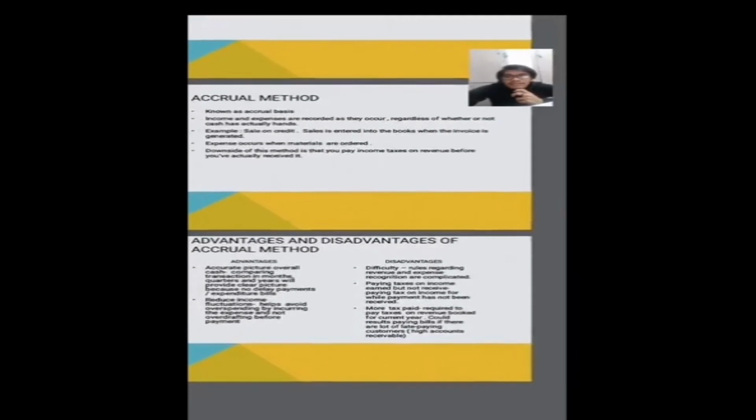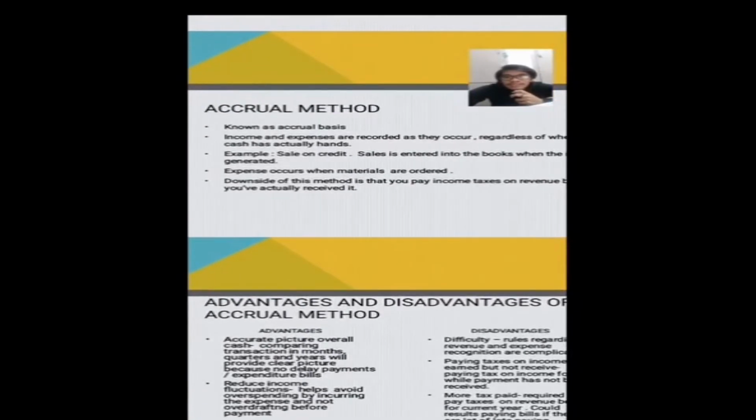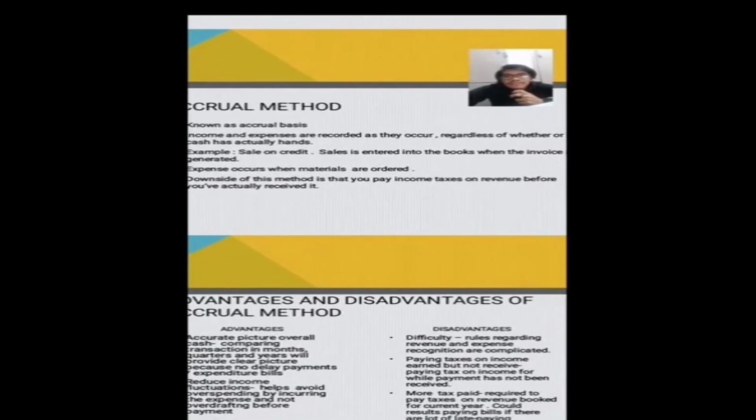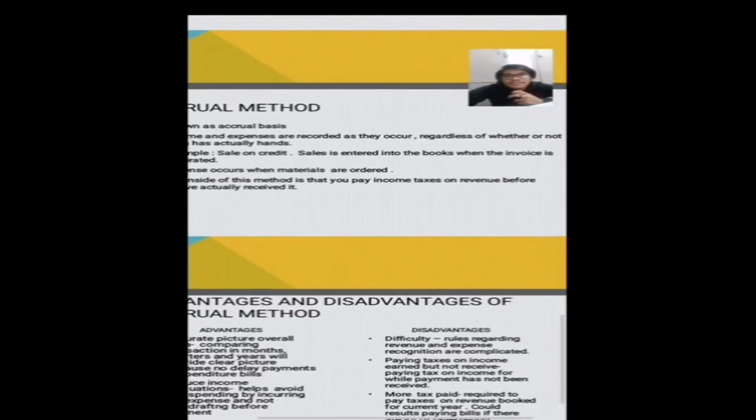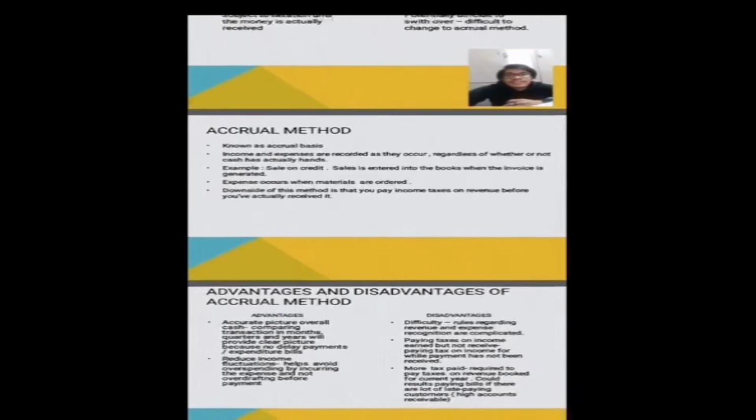Paying tax on income earned but not received is another disadvantage. Like I explained in the accrual method, the downside is that you pay income tax on revenue before you actually receive it.